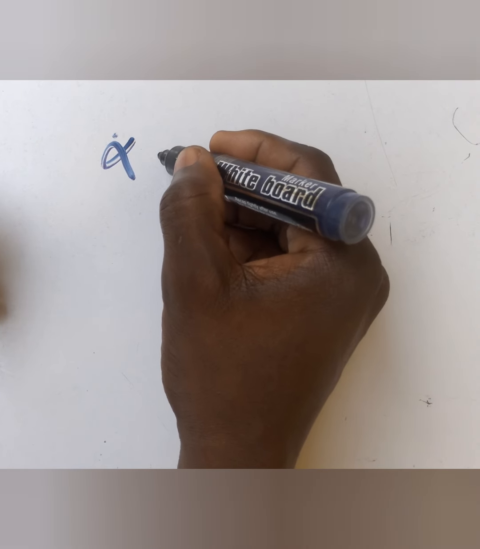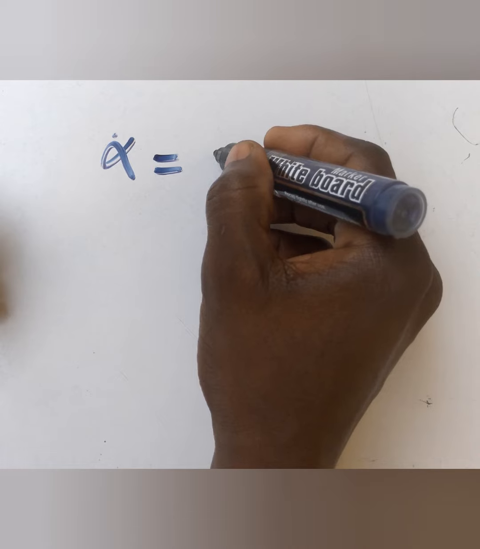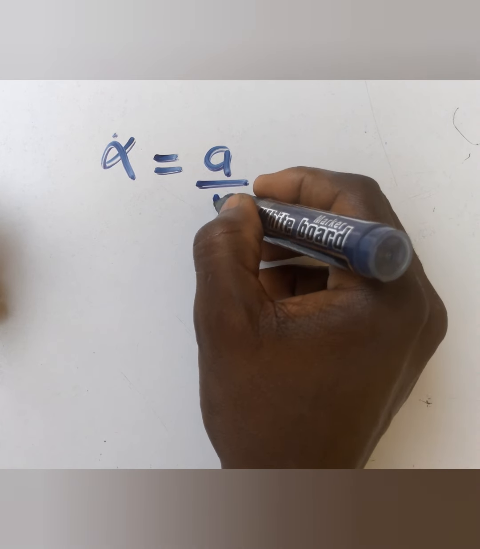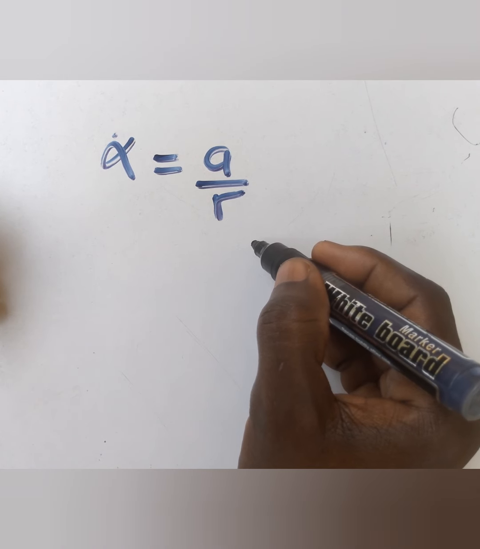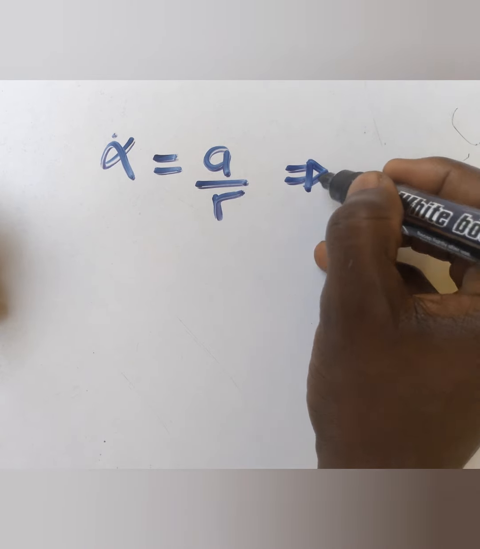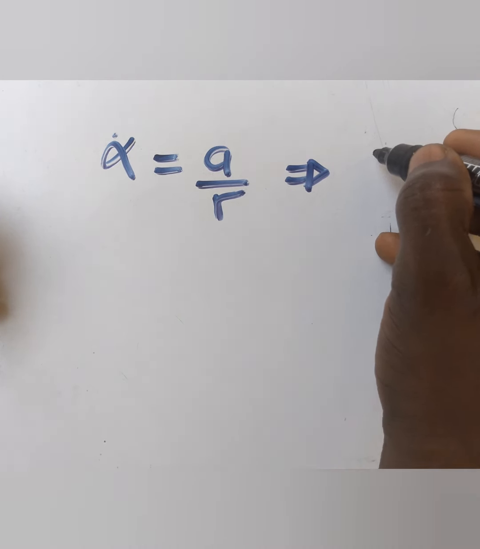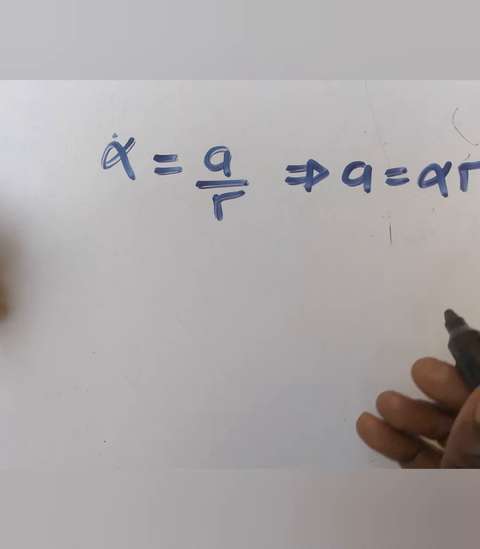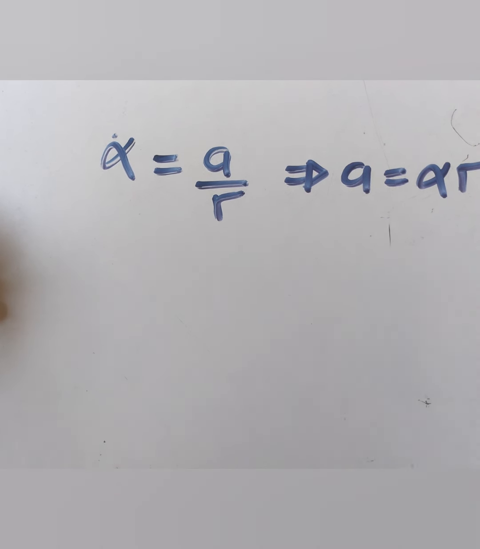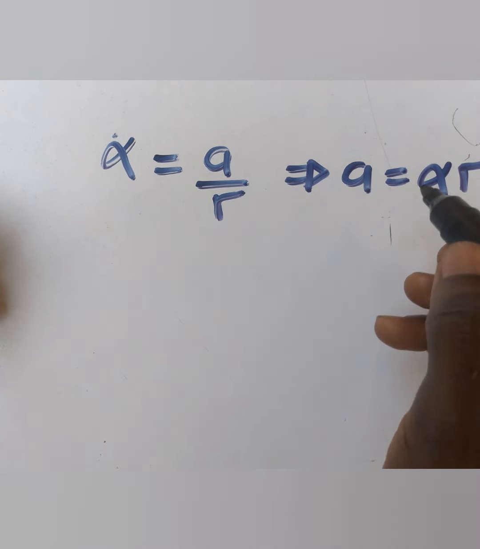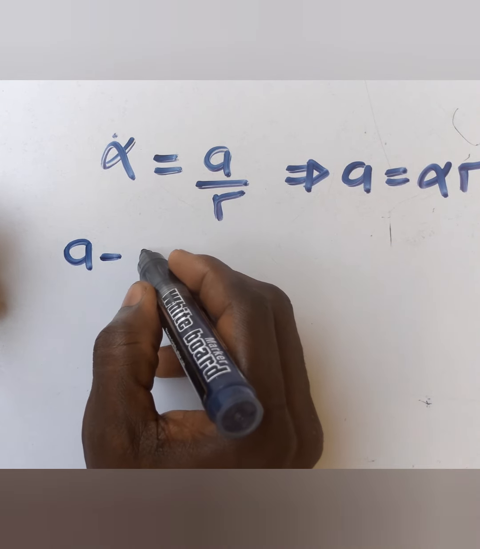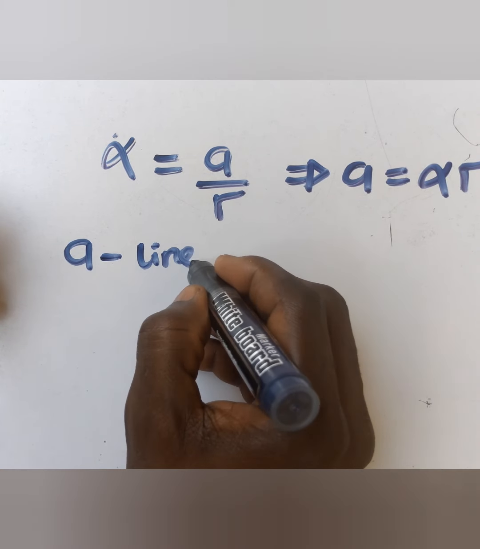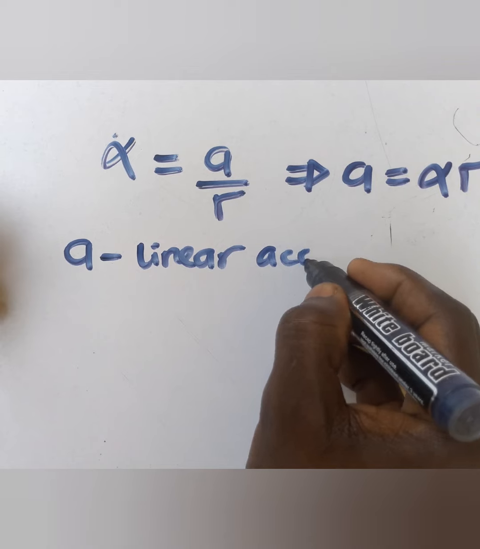If we cross multiply, that will give us a is equal to angular acceleration multiplied by r, where a is linear acceleration.